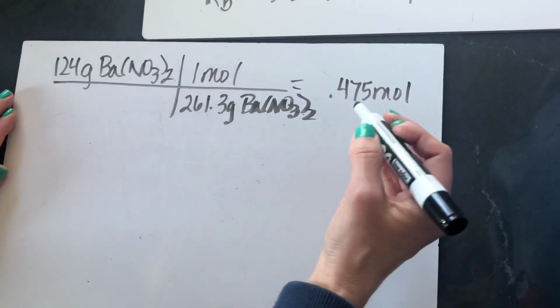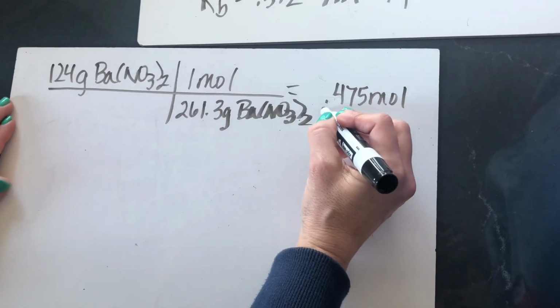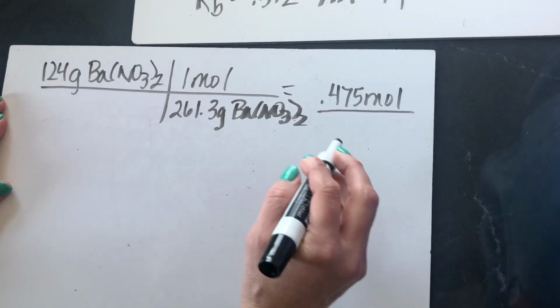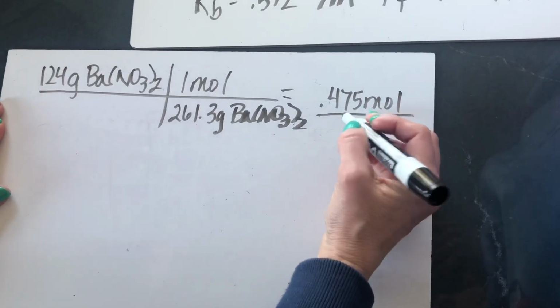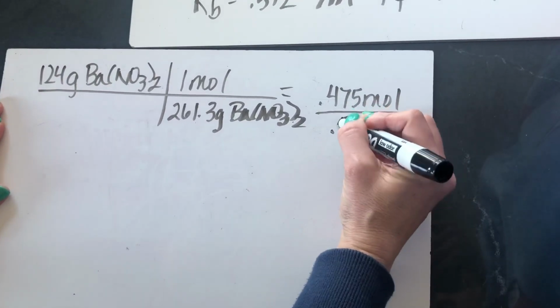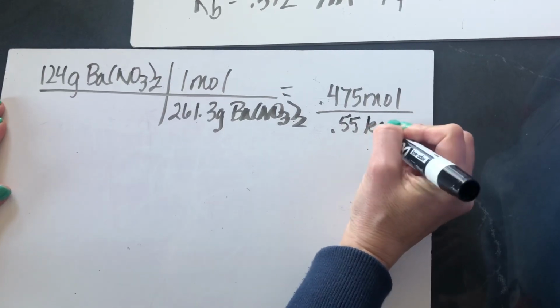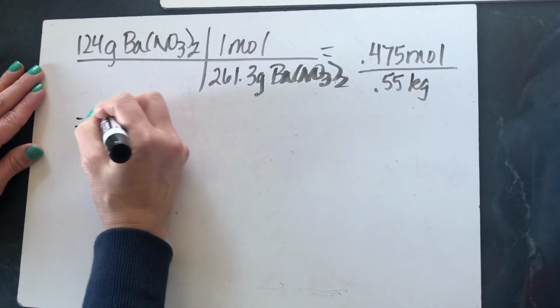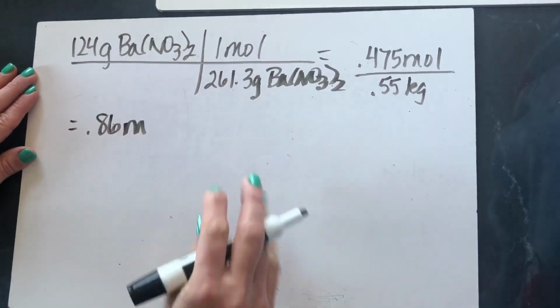We're going to divide that by kilograms of solution. We had 550 grams of water, which is 0.55 kilograms. That leaves us with 0.86 molal.